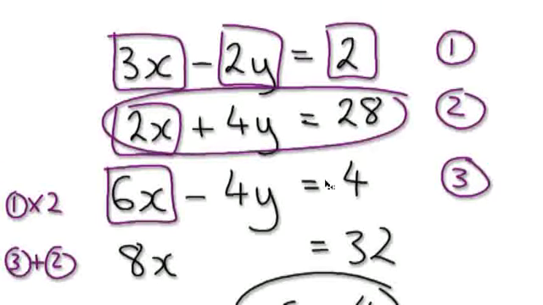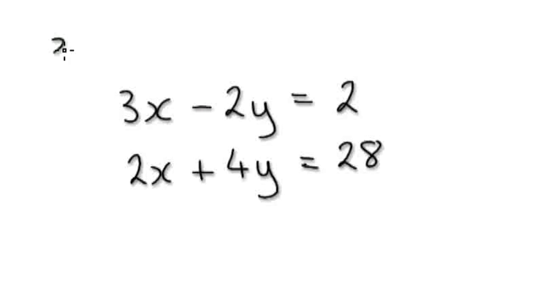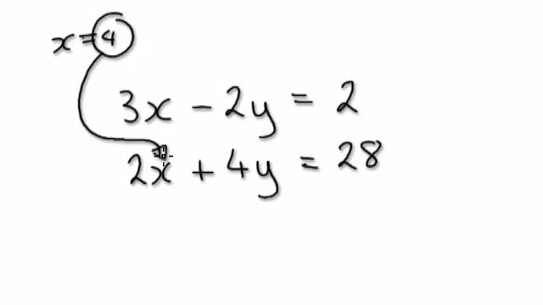x equals 4. So let's check. Let's choose the easiest one. It could be anything. Let's just choose this bottom one here and avoid negatives.